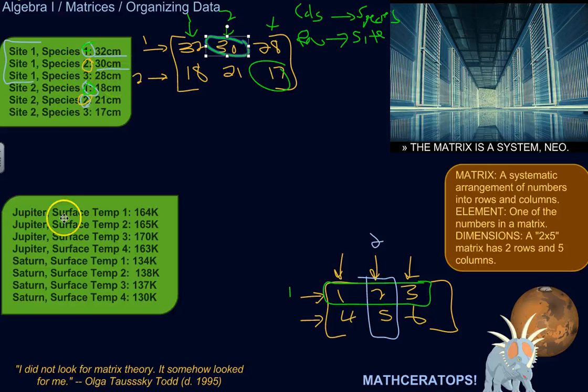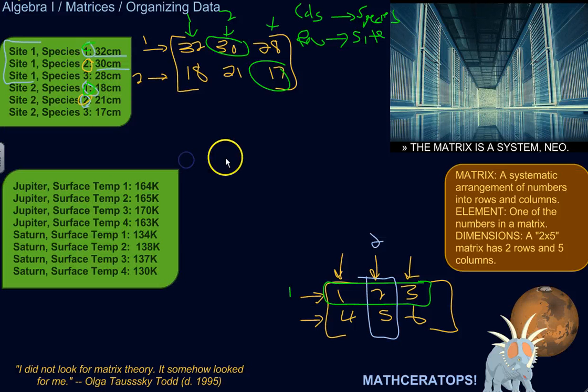So let me do a similar thing with this data set. I've got Jupiter surface temp number 1, 164 degrees Kelvin. Jupiter again, surface temp number 2. Maybe we're observing Jupiter and measuring the temperature of its surface in different spots, maybe to see if it's cooler at the north and south pole and warmer at the equator, or maybe we're tracking a storm on Jupiter.